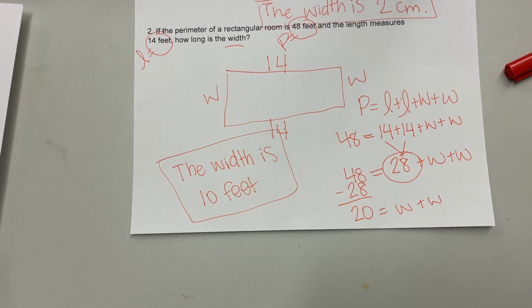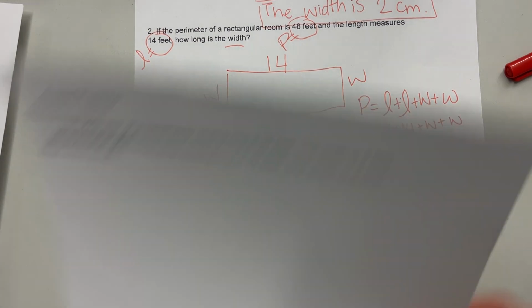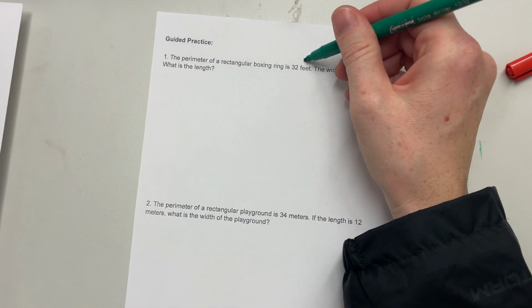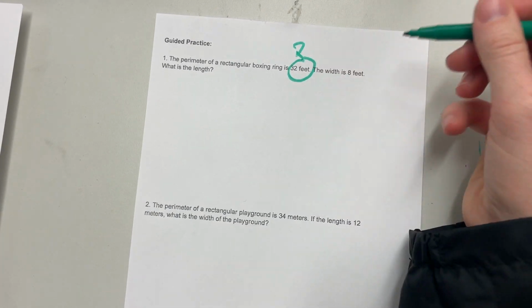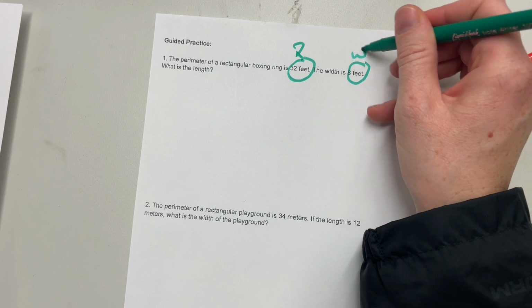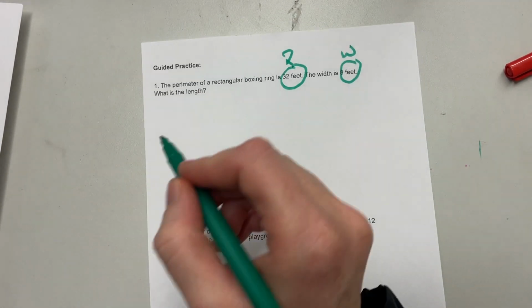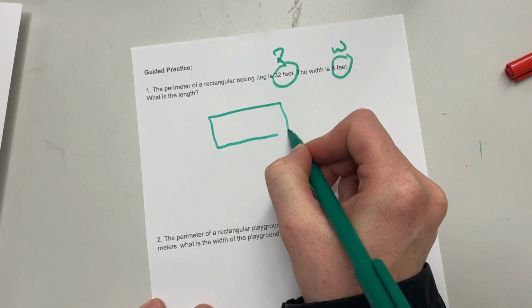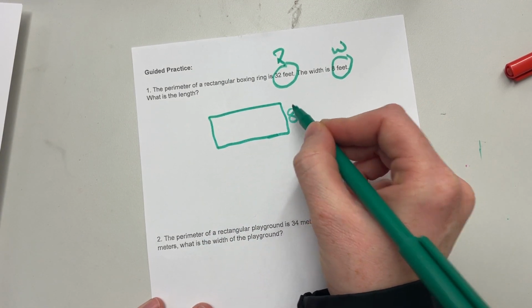Okay, I'm getting out my green pen so you are following along. First problem says the perimeter of a rectangular boxing ring is 32 feet, so that's P. The width is 8 feet, that's the shorter side. What is the length? So we need to draw our picture. The width is 8.